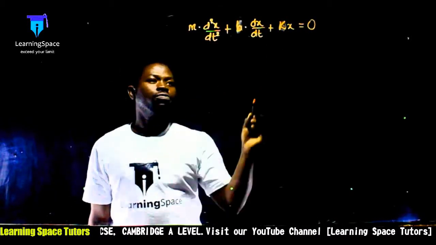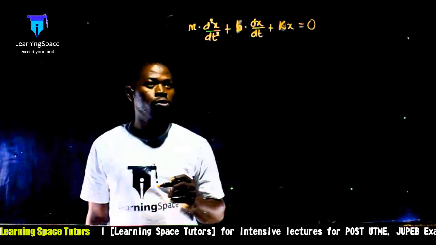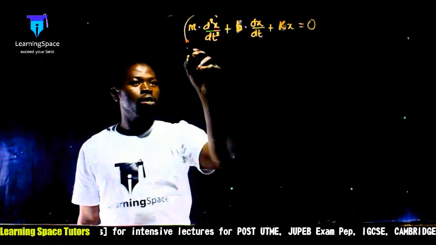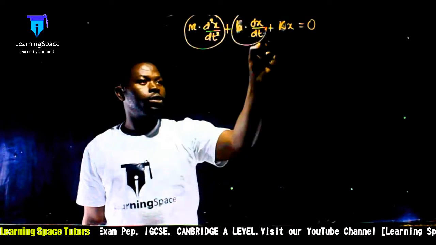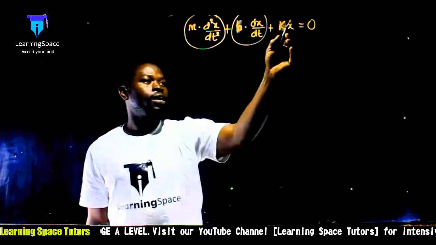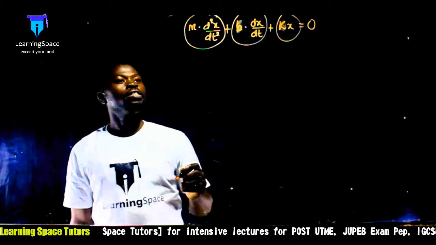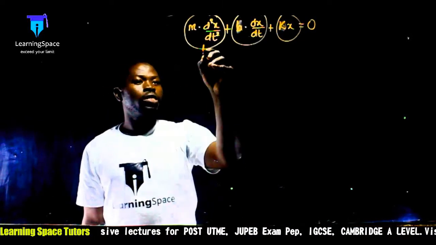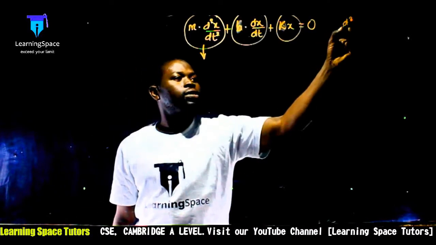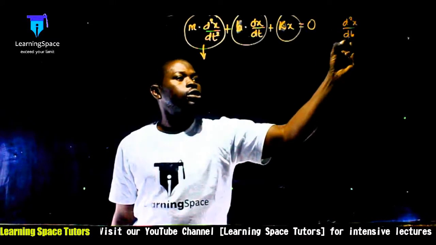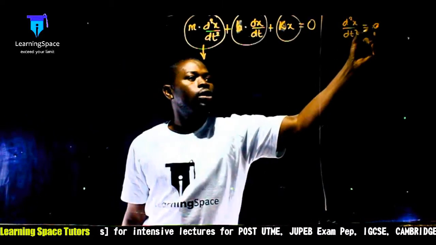Now, if this equation is dimensionally correct, it means that it must be homogeneous. If it is homogeneous, the dimension of this component here must be the same as the dimension of the component here, and it must also be the same as the dimension of the component here. Looking at this component, what you were given is mass and d²x/dt², which simply represents acceleration.